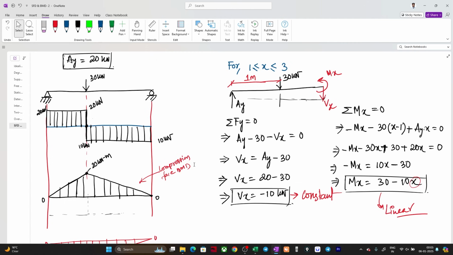Once we know what kind of expression can be developed due to different loading conditions, we can use our intuition to draw the bending moment or shear force diagram. We do not have to find out the exact value, we just have to understand how it is bending and how the moment will be developed.